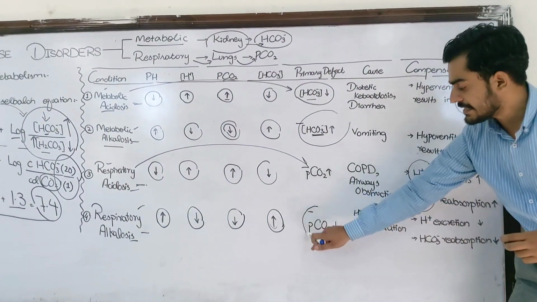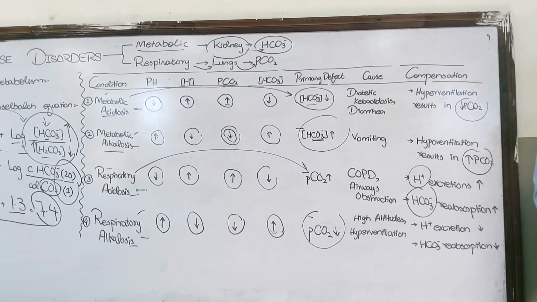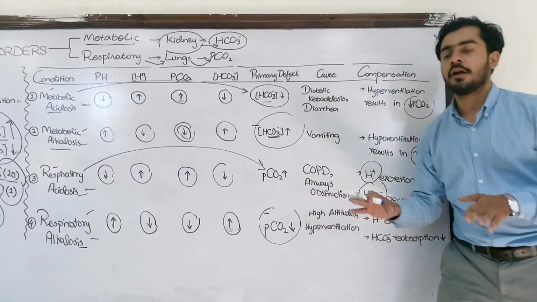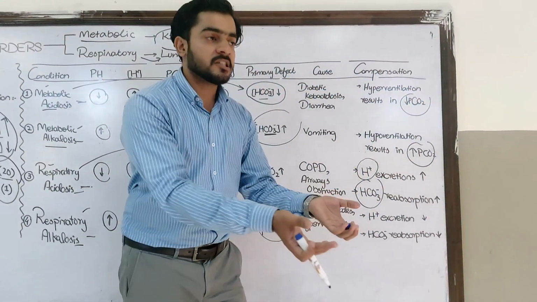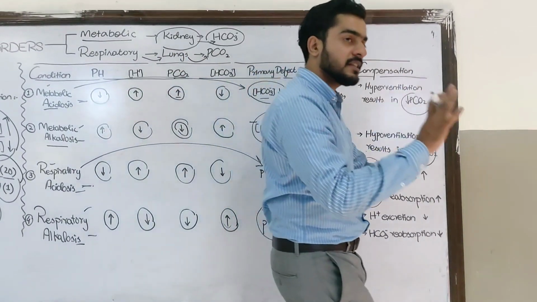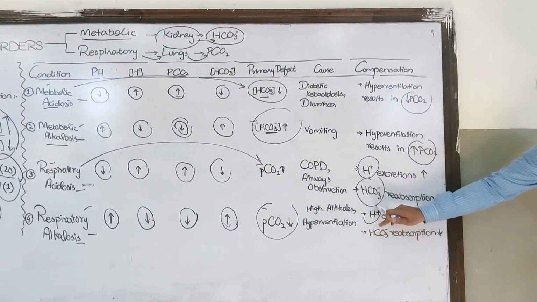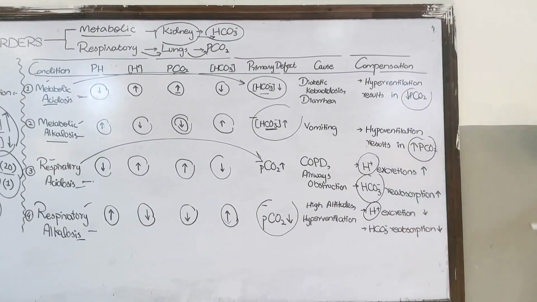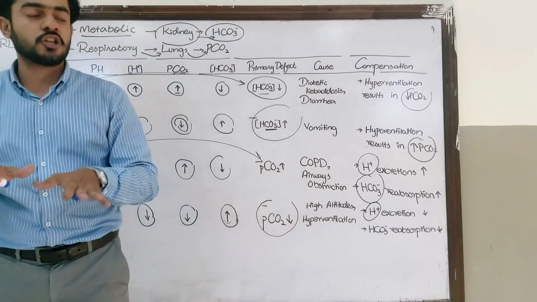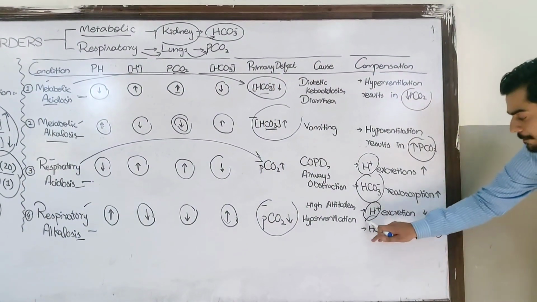So now the acidic substance is decreasing. We have already seen that when the acidic substance is decreasing, in compensation our kidney starts reabsorbing the acidic substance and excreting the basic substance. Just look here. It decreases the excretion of the hydrogen ion, which means it stops excreting hydrogen ion, and it decreases the reabsorption of the bicarbonates.